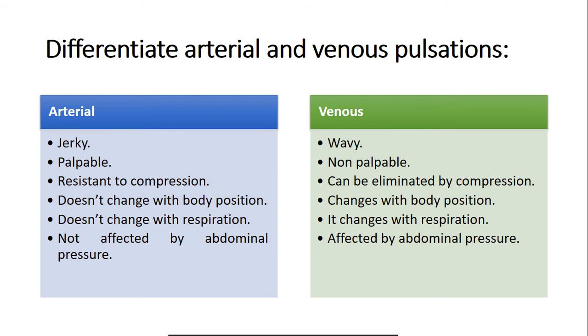By the way, I told you in the last video that we have Kussmaul sign, which means that the venous pulses rise with inspiration if the intrathoracic pressure is very high, like in constrictive pericarditis, pericardial tamponade, right side failure, pulmonary embolism. Also, ask your patient to take a deep breath.